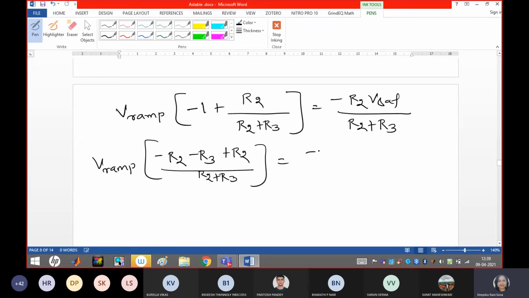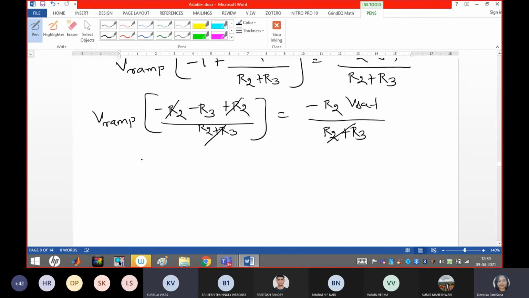This is the elaboration. Minus of R2 Vset. What are the terms getting cancelled? You just see and tell me. Plus R2 and minus R2, minus and minus. Yes, so which one remains? Only minus R3 remains, right?